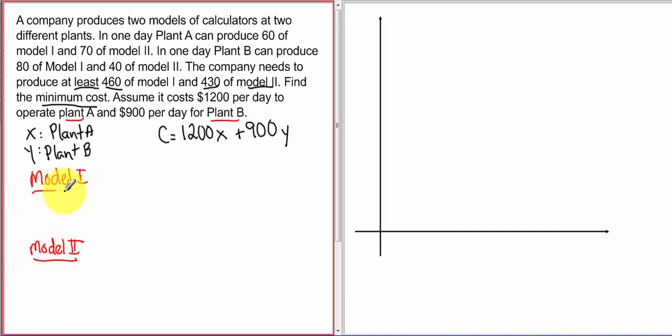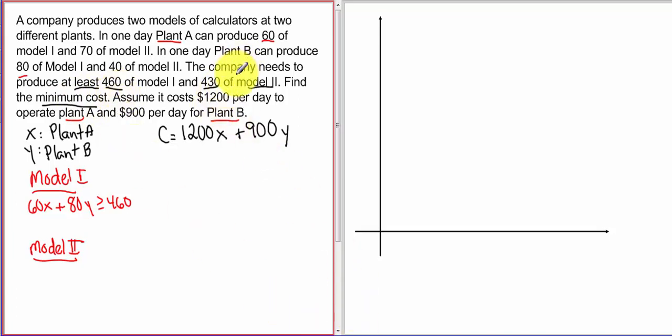So Model 1: Plant A can produce 60 of Model 1, so 60 times x, the days at Plant A. Then you go to Plant B, which can produce 80 of Model 1, so plus 80y, I forgot my Y. This has to be greater than or equal to 460, because we need at least 460.